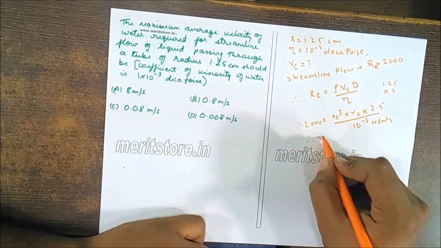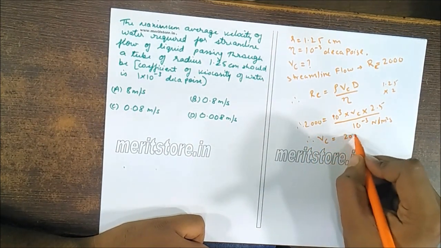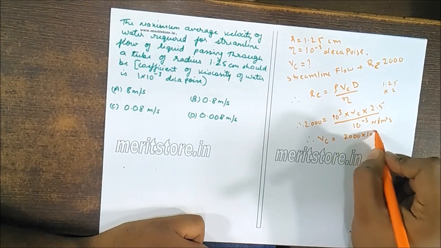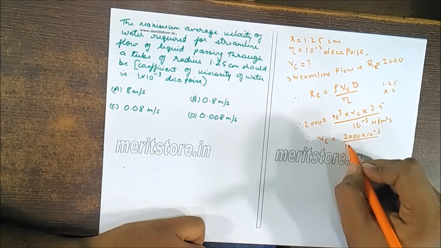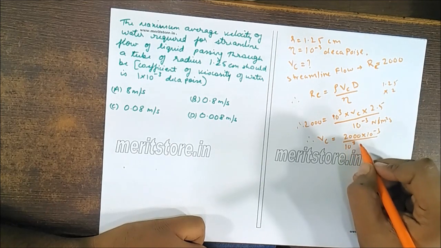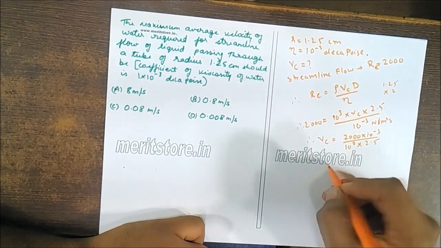So if I need critical velocity, this becomes 2000 into 10 raised to minus 3 upon 10 raised to 3 into 2.5.